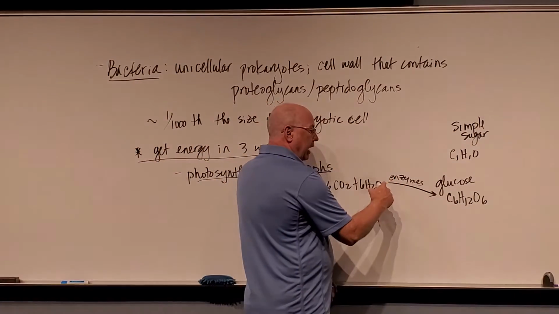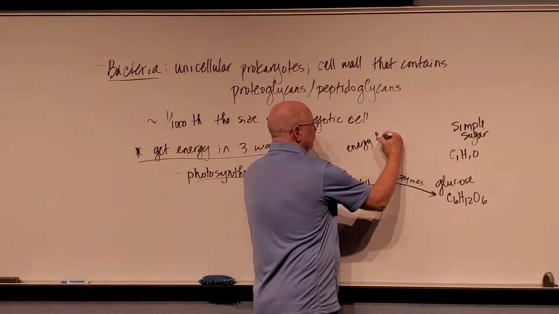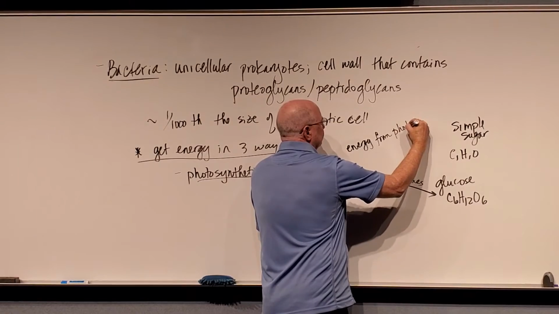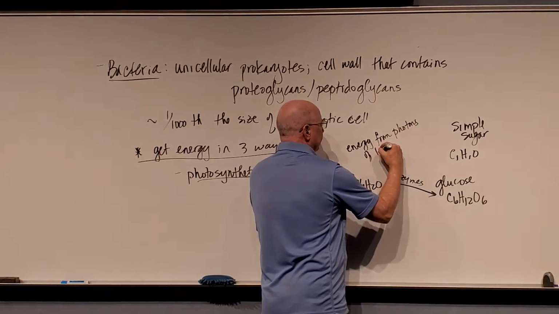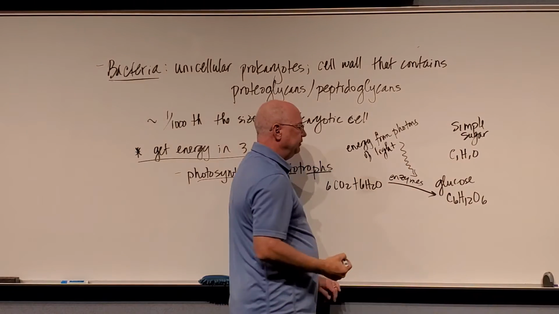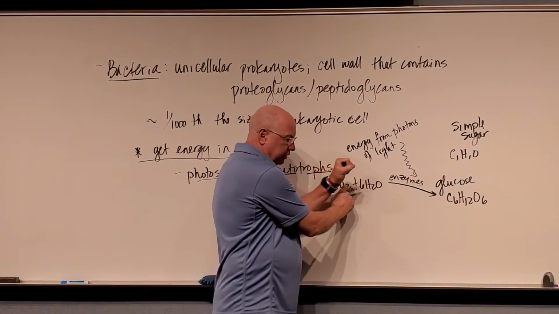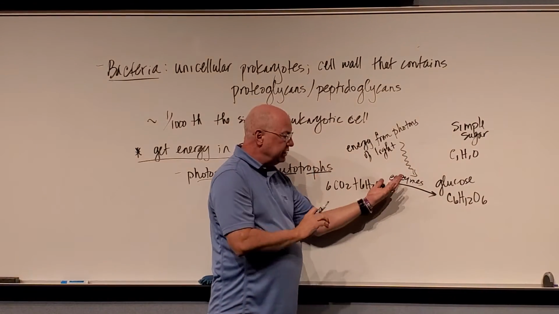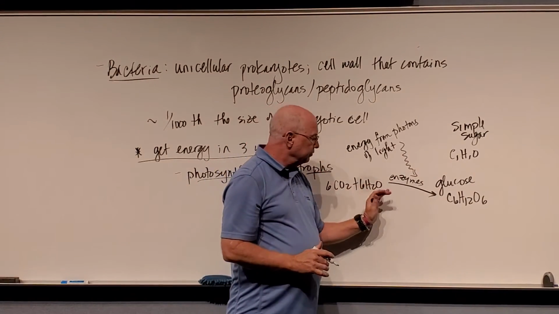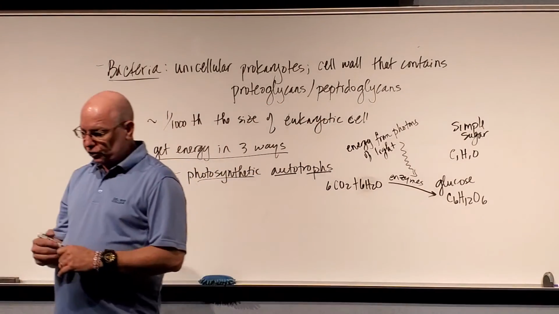And I need energy. And that energy comes from photons of light. And when photons of light come in and they hit these molecules, they can cause the electrons to be rearranged, and the enzymes work on it also, and we can convert carbon dioxide and water into glucose.